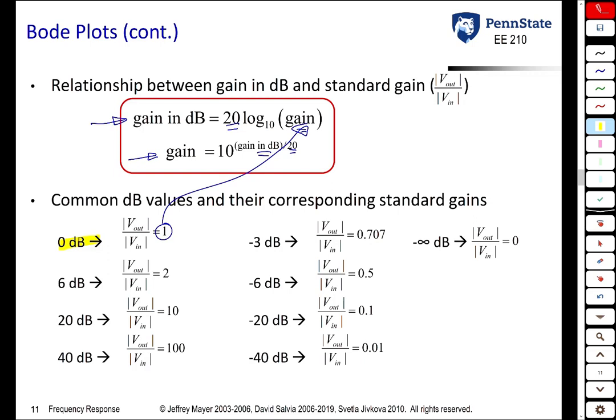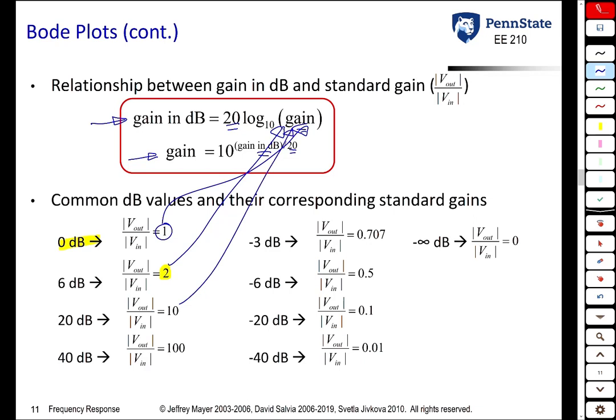Suppose you have a traditional gain of 2. Plugging that into this equation here, the log of 2 is 0.3. 0.3 times 20 is 6. So 6 dB and a gain of 2 mean the same thing. How about 10? Once again, plug it into that equation there.